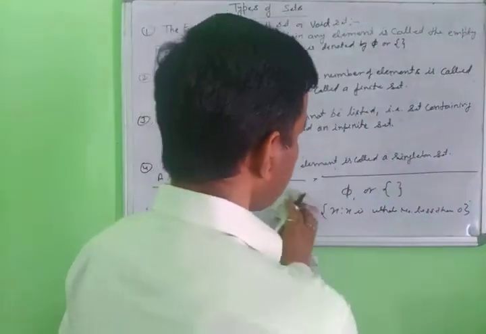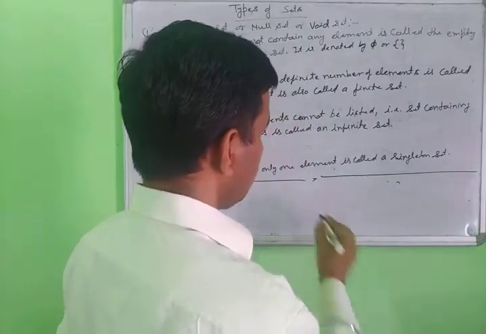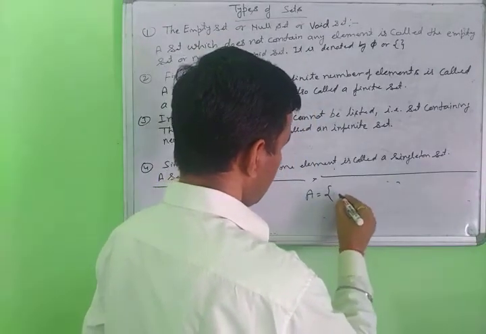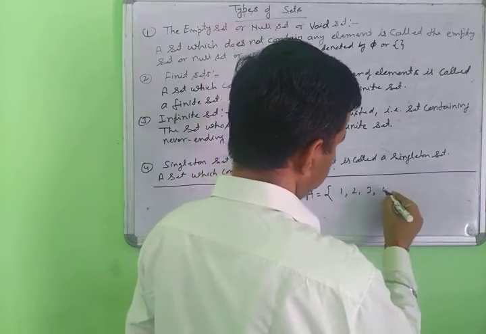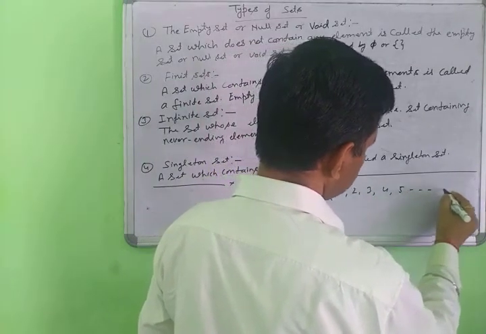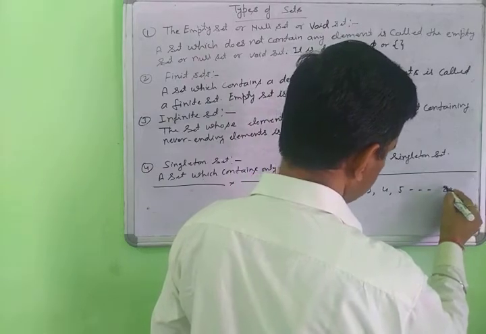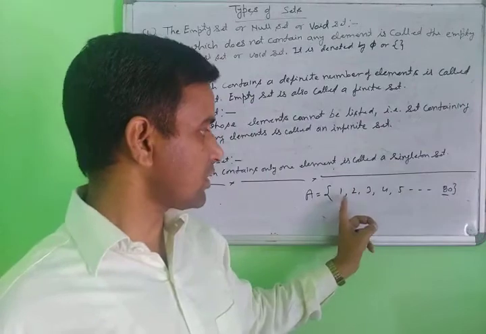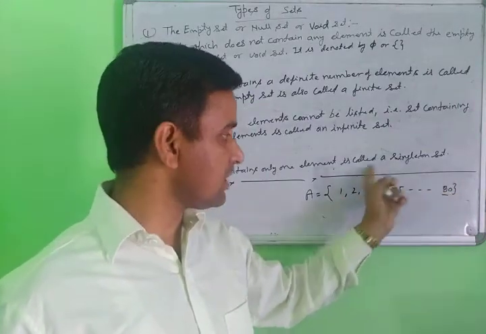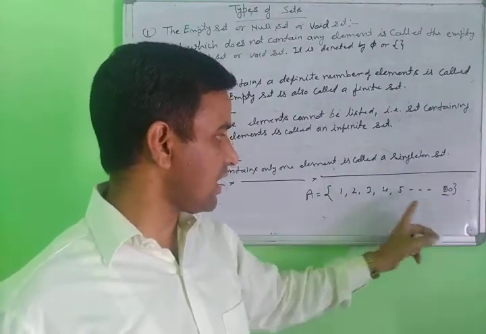For example, suppose you are writing a set. Here you write 1, 2, 3, 4, 5, up to 80. It means the last element is 80, so the total is 80 elements. Then you can easily count, starting from one and the last is 80.